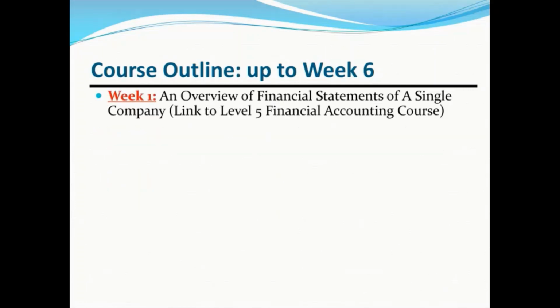So looking at what we covered so far, we started in week 1 by looking at an overview of financial statements of a single company. This is mainly the main financial statements and the accounting treatment of different items in financial statements, which include a statement of financial position and a statement of comprehensive income.